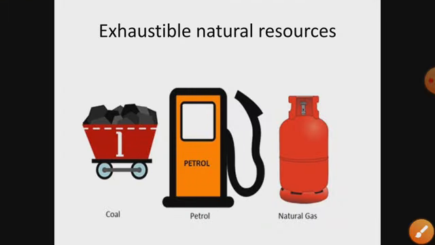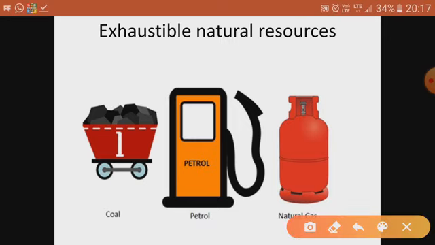Now in this slide you can see exhaustible natural resources, the fossil fuels. We use natural gas at our home, then we use petroleum, that is petrol, and we use coal. So these are natural resources. We get petrol from petroleum. I will explain how we get it in the next classes, but here you have to understand that we get petrol and diesel from petroleum.